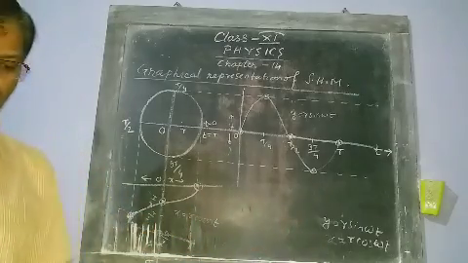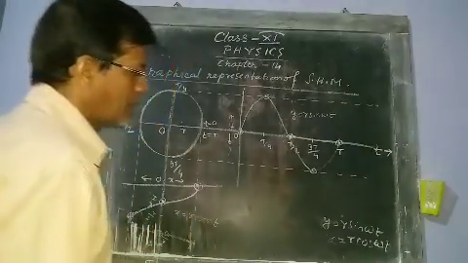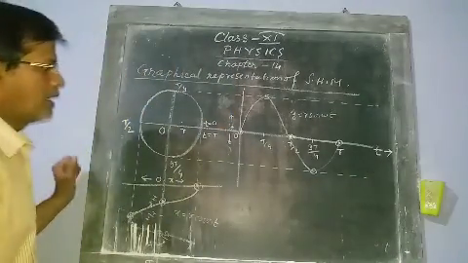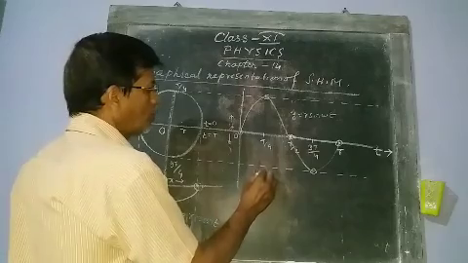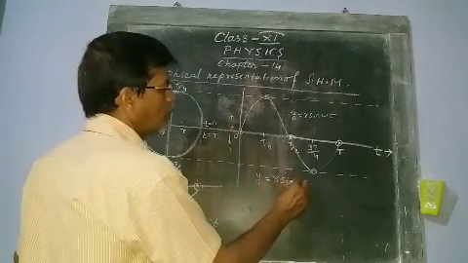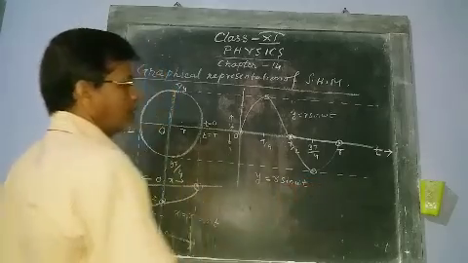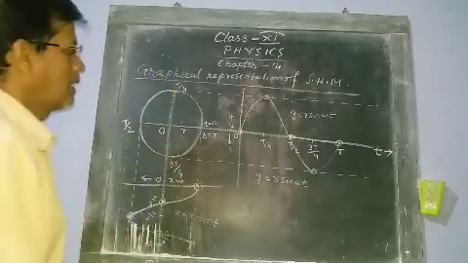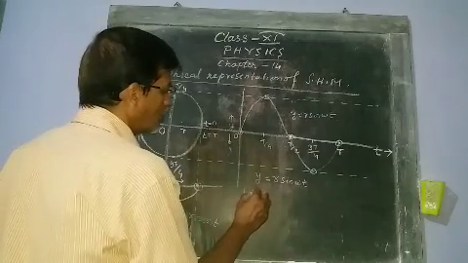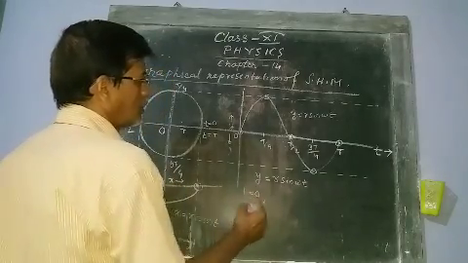You see, if you use mathematics, then you can easily understand. You have y equal to r sin omega t. Now put t equal to 0 here.